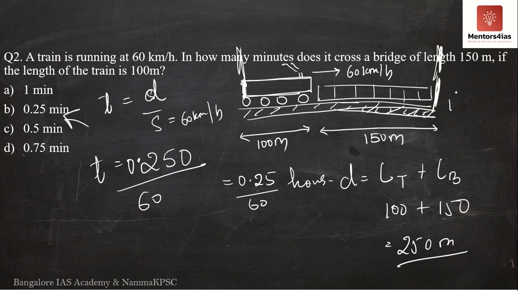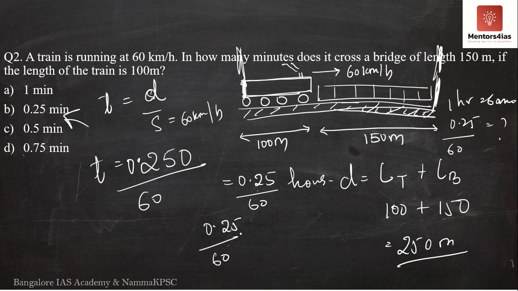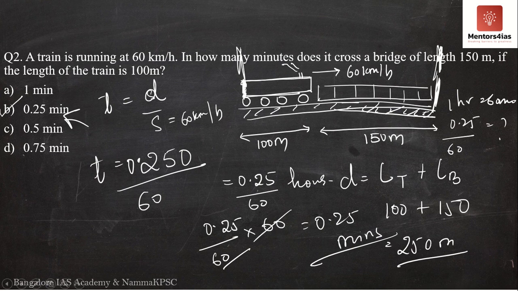So 1 hour is equal to 60 minutes. Therefore, 0.25 by 60 hours is equal to how many minutes? We multiply 0.25 by 60 by 60. 60 gets cancelled. The answer is 0.25 minutes. So the correct option is option B. The correct answer is 0.25 minutes.